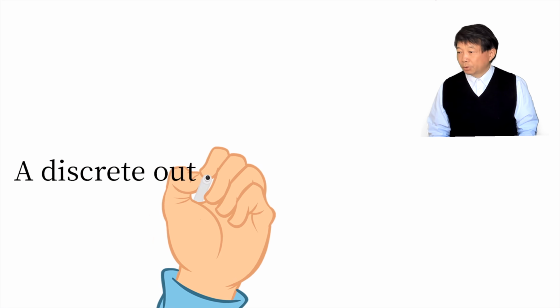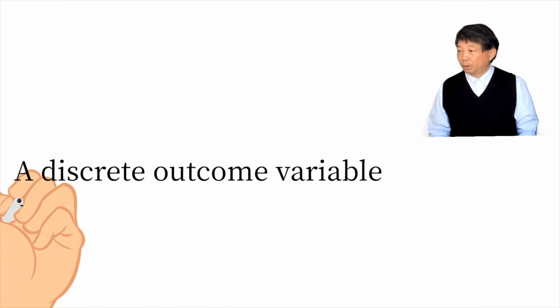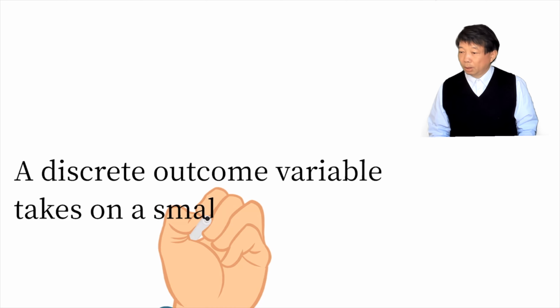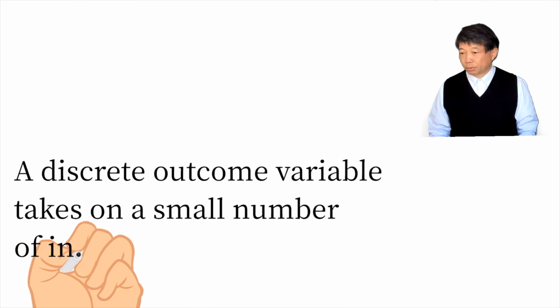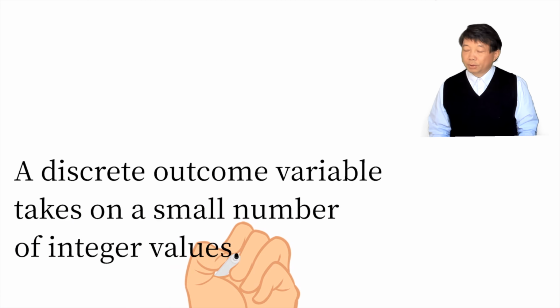Today, we will focus on discrete outcome variables that take on a small number of integer values. Since the model differs from using a continuous outcome variable, it is essential to pay close attention to the interpretation of the OLS coefficient estimates.